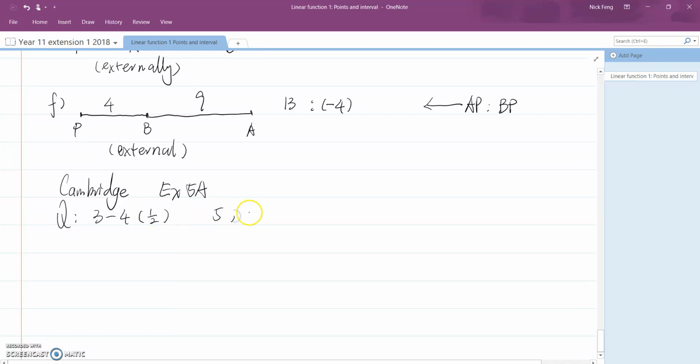Question 5, 6, 8, 10, 12, 14, 15, 18, and 20.